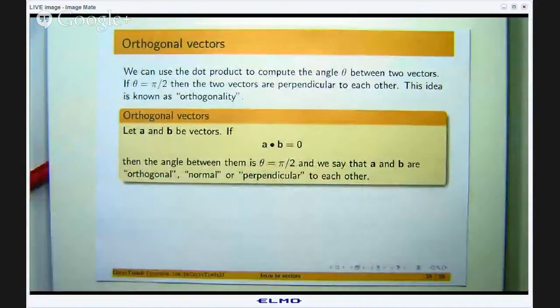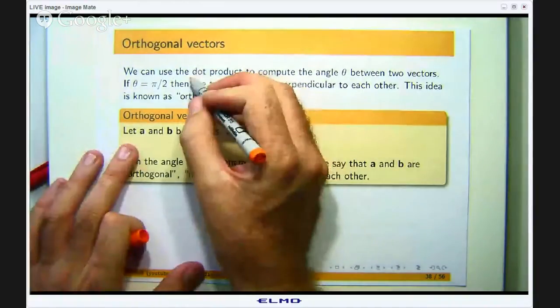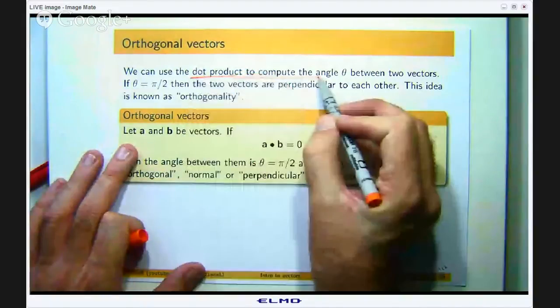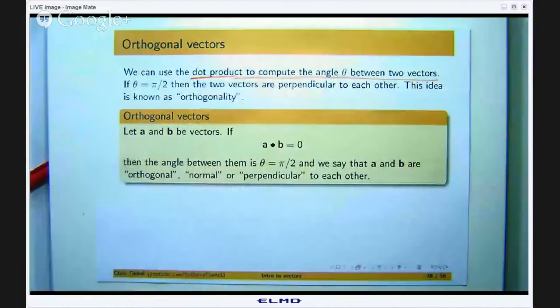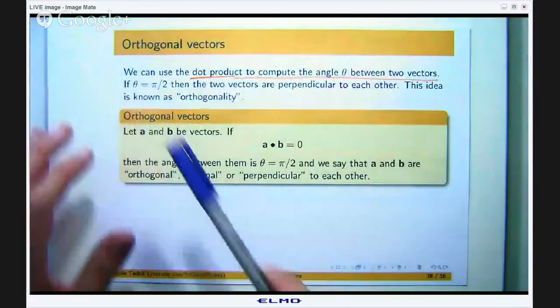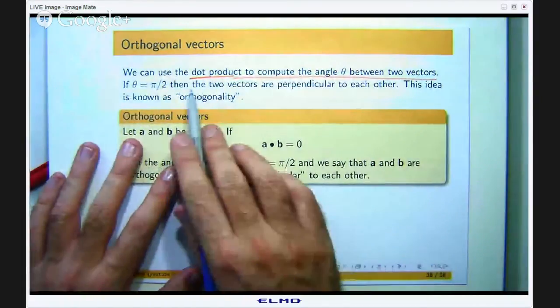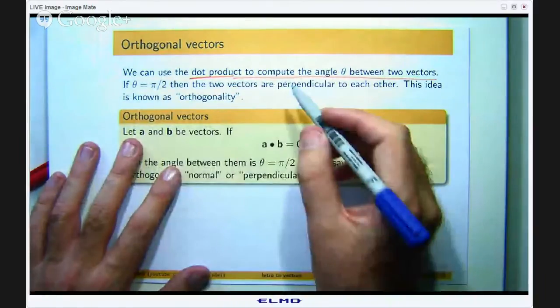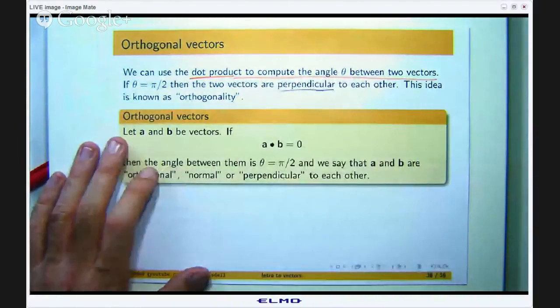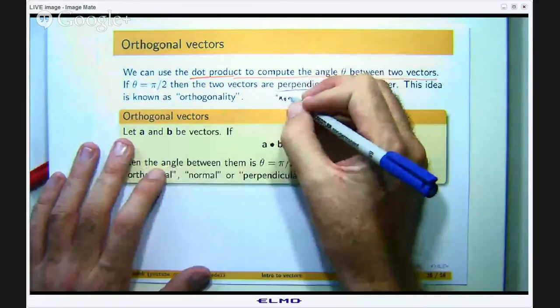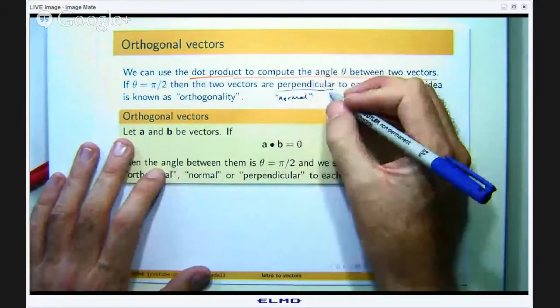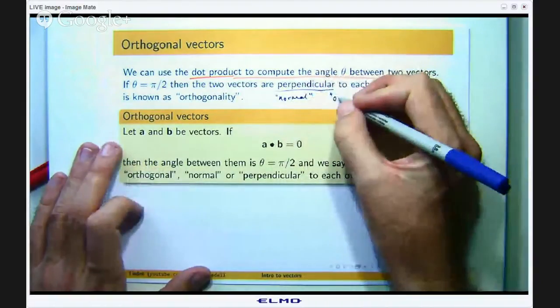Now, I'm going to build on this idea a little bit more in this presentation, and it's contained in the following slide. So we know that we can use this dot product to compute the angle theta between two vectors. Now, if the angle between two vectors is pi on 2 or 90 degrees, then we say the two vectors are perpendicular to each other, or normal to each other, or orthogonal.